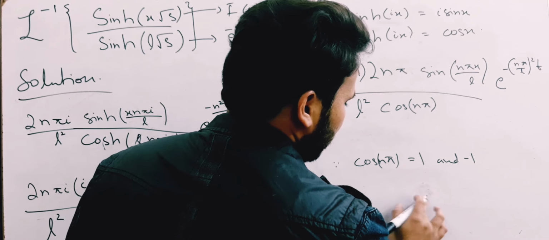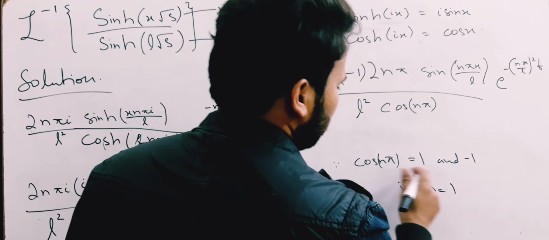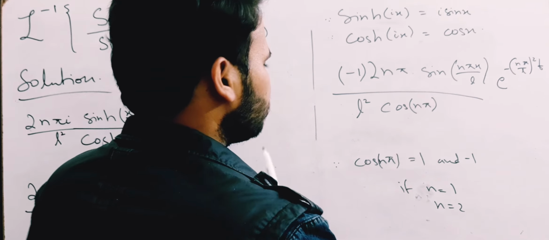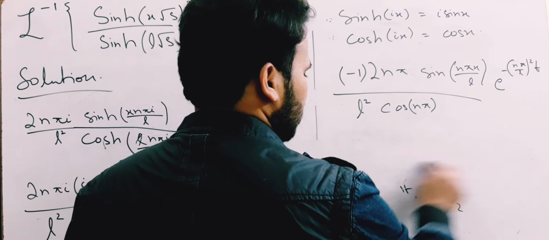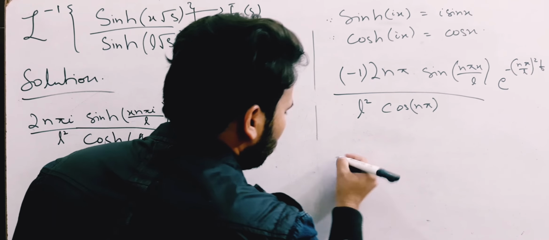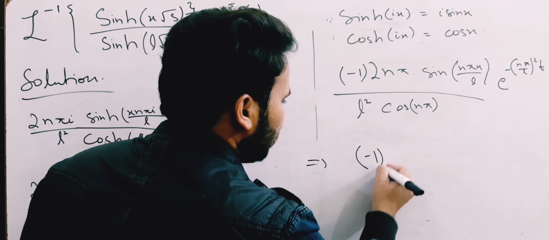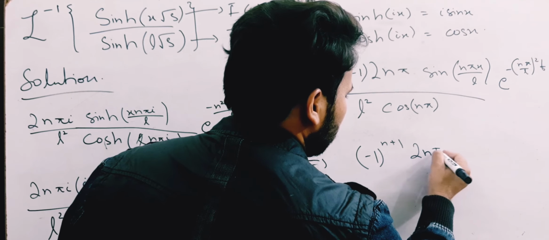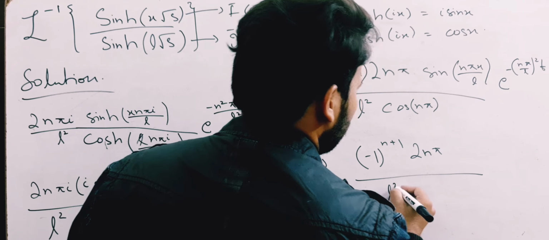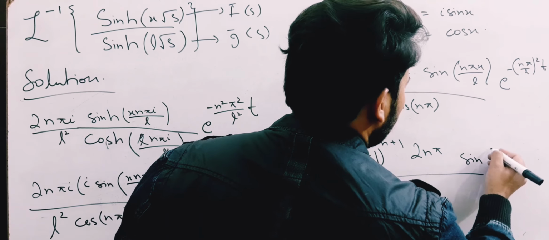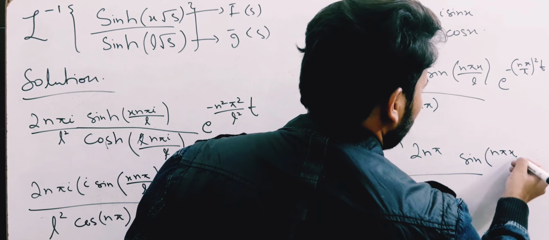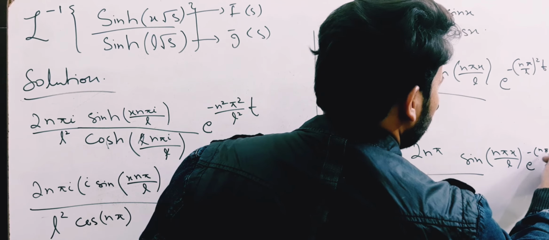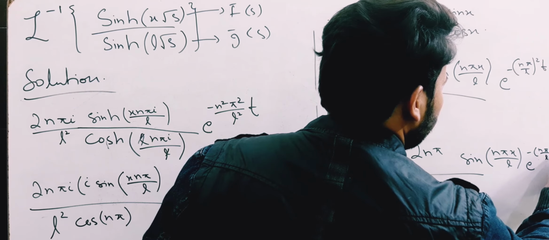If n equals 1, then this will be minus 1, n equals 2, this will be 1. So we can simplify this result and say that minus 1 power n plus 1, 2n pi over l square, sine of n pi x over l times e power minus n pi over l whole square times t.